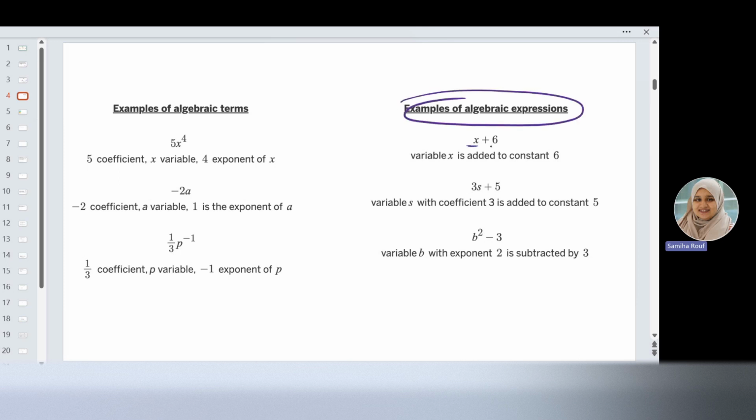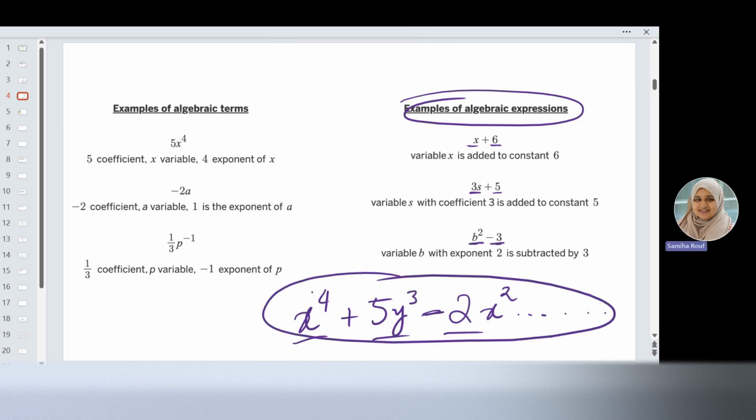This is a term on its own, and so are the others. These are a string of terms, so we can have a bunch of different terms. Each one that we're adding or subtracting, say this one with the minus, is a term, and this whole thing all together is the expression.